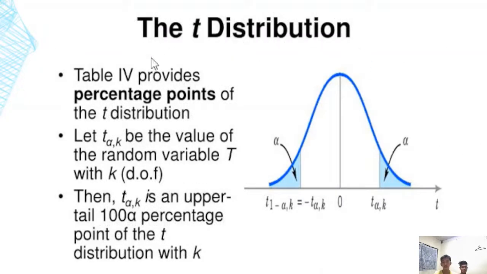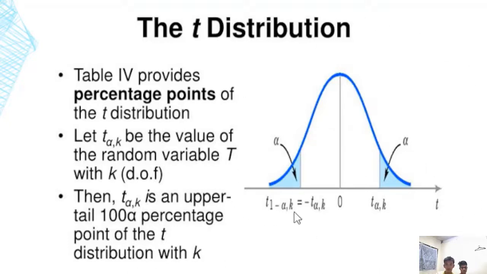The t distribution table 4 provides percentage points of the t distribution. Let t sub alpha comma k be the value of the random variable t with k degrees of freedom. Then t sub alpha comma k is the upper tail 100 alpha percentage point of the t distribution with k degrees of freedom.